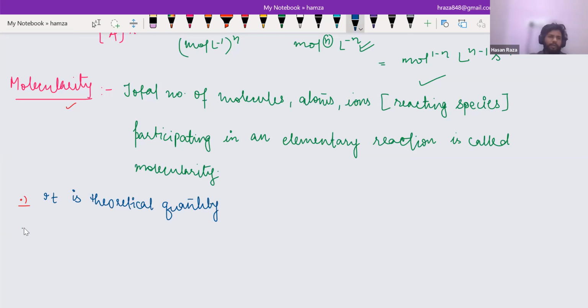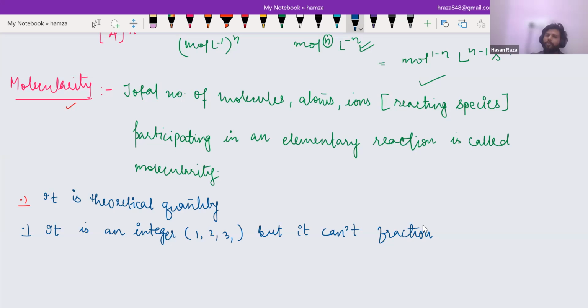The next point, also very important: it is an integer, generally a positive integer, like 1, 2, 3, etc. But it cannot be a fraction or zero, like order of reaction. Order of reaction can be fraction, zero, positive, anything. But molecularity cannot be fraction or zero. It will be a positive integer.